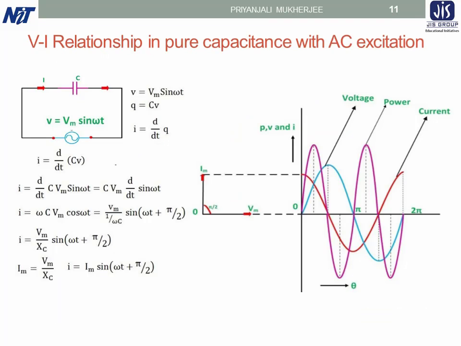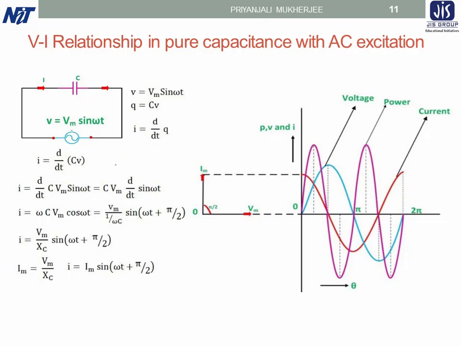Next is the V-I relationship in pure capacitance with AC excitation. Now the inductor has been replaced by a capacitor, and what is happening in this capacitor? Voltage is impressed across the plates of the perfect capacitor when it is connected to DC, and it will become charged to full voltage almost instantaneously.